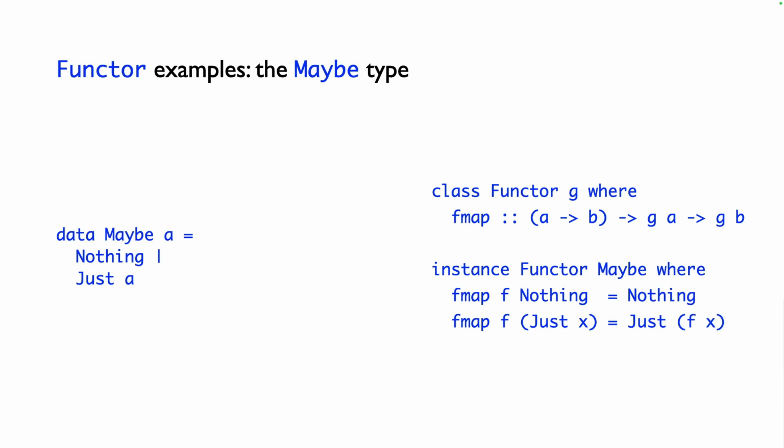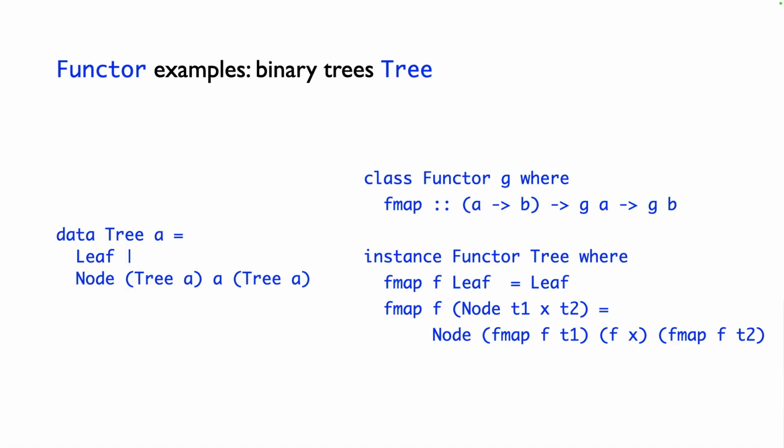Okay. A bit more complicated, we can do a similar thing for a binary tree. We can map across all the objects of type a inside a tree. And remember, here's the type of the tree here on the left. It's either a Leaf or it's a Node with a left subtree, a value of type a, and a right subtree. What do we do to apply f to everything of type a in the tree? Well, if we apply fmap f to a Leaf, we get a Leaf.